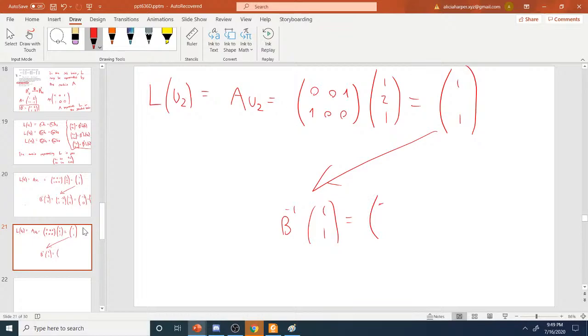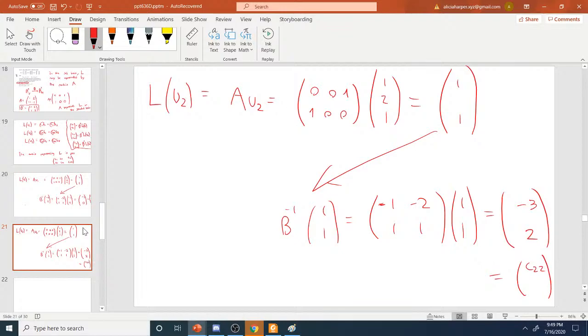So this is the same thing as negative 1, negative 2, 1, 1, multiplied through by 1, 1, which is just, let's see, negative 3, positive 2. And so this gives me C12 and C22.